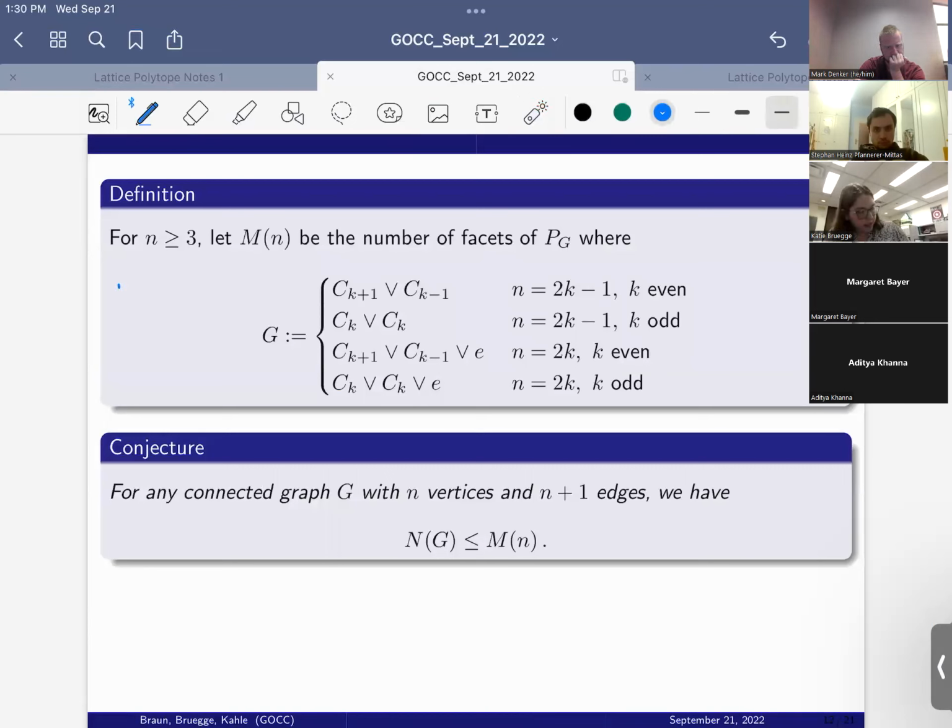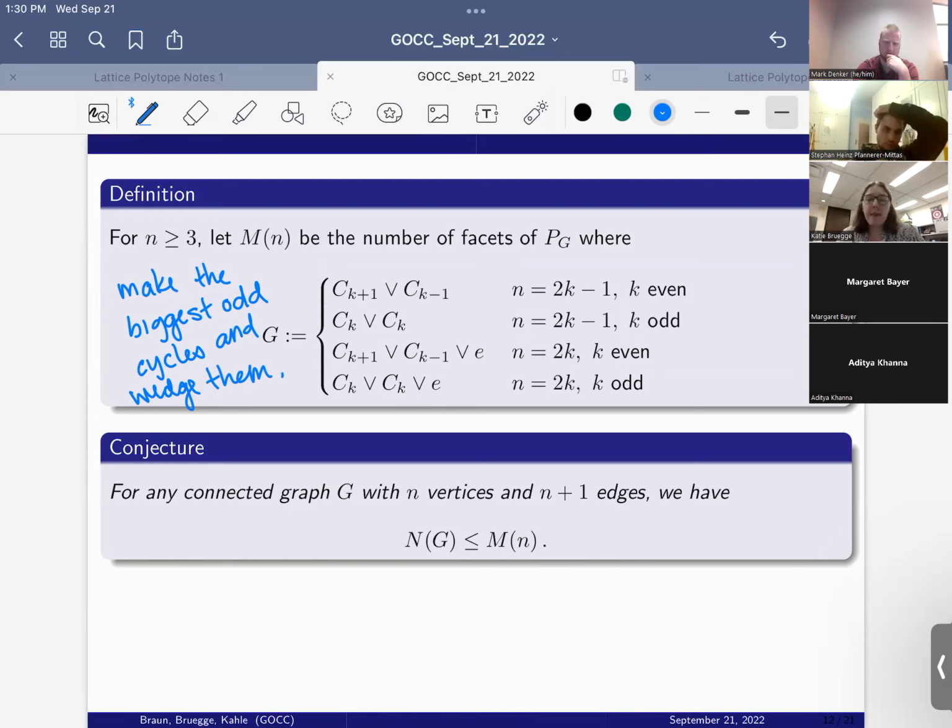So the idea is make the biggest odd cycles you can, and then wedge them. And we have a conjecture that these are exactly the facet maximizing graphs among the family of graphs with n vertices and n+1 edges.